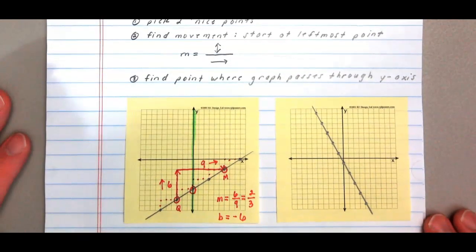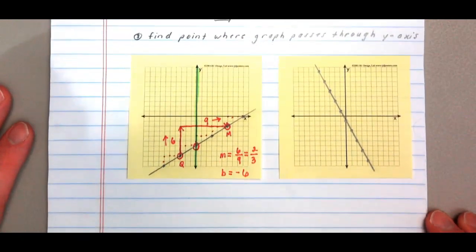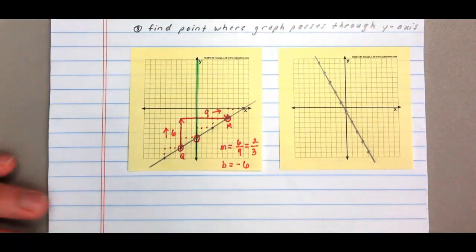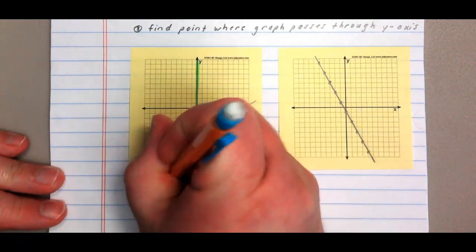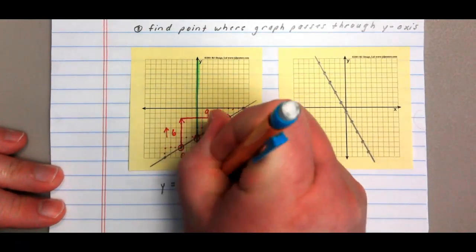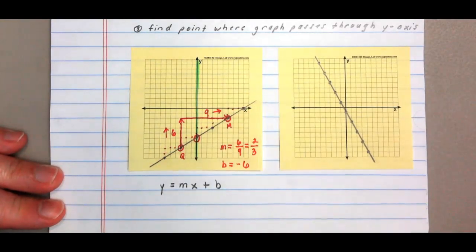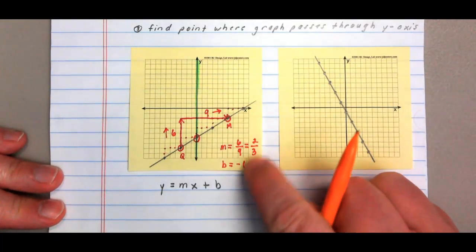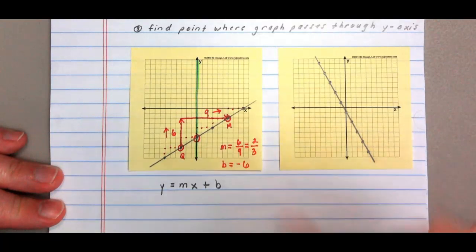So now that we have those two pieces of information, we can actually write our slope-intercept form. So y equals mx plus b. And what we're going to do is just substitute these two values in for m and b.